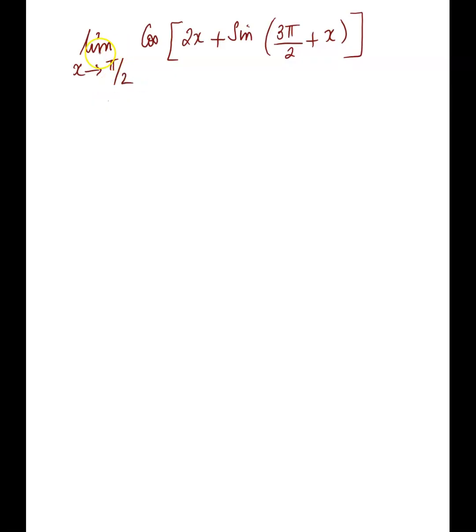Now if you have a limit of cosine of a function, I want you to see it as limit of cosine of a function. So that's something in x, cosine of some angle. So it's usually cosine of some function, right? The function would be an angle. In this case, the angle is this function.